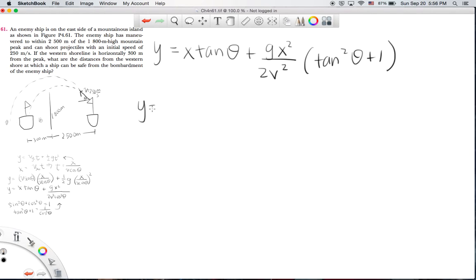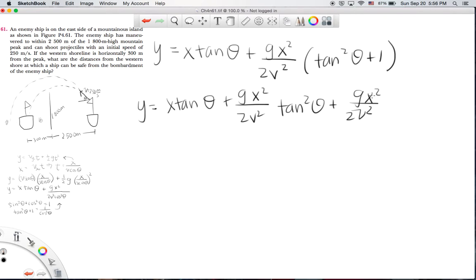Then we get y equals x tan theta plus gx squared over 2v squared tan squared theta plus gx squared over 2v squared. So this is a quadratic equation where we can find tan theta.